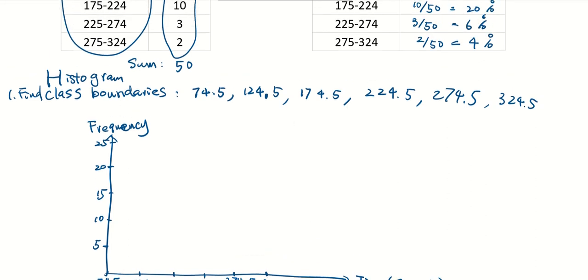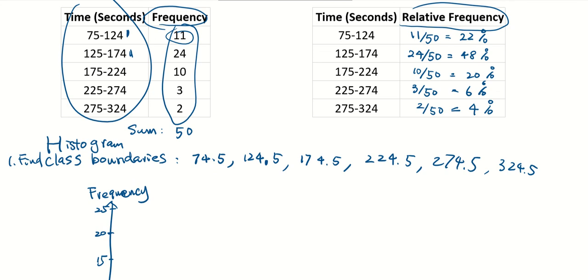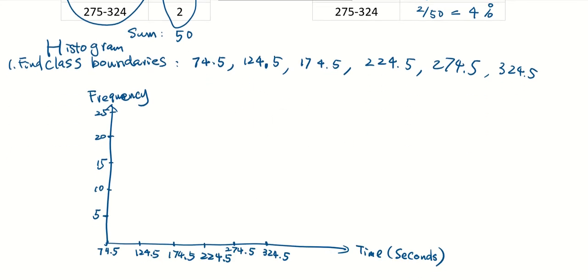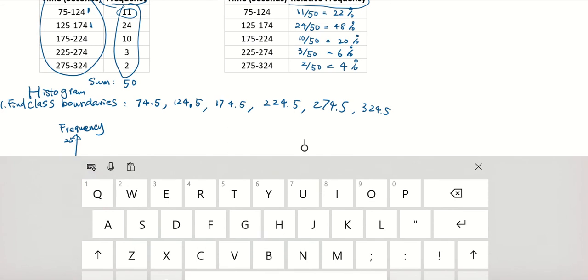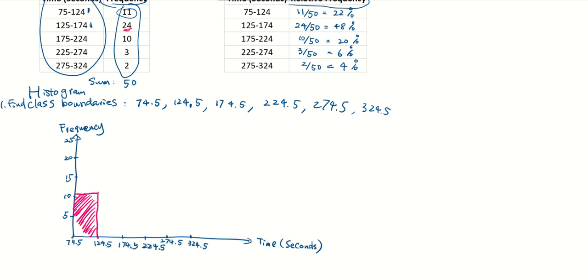Okay, so now let's mark the bars. So the first class frequency is 11. So 11, it should be right here. So this represents the first class. Okay, second class frequency is 24. 24 here. Okay, so 24 is almost 25, so I'll mark it over here.